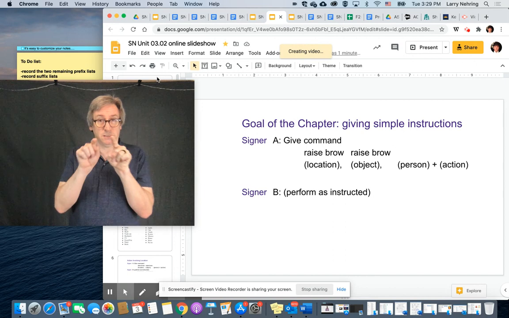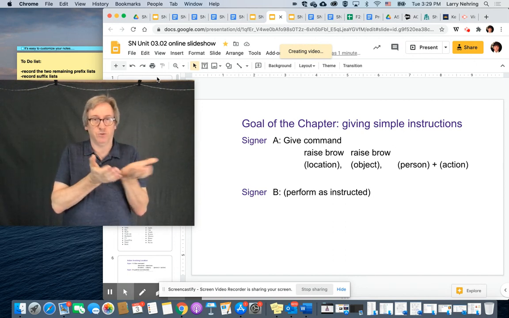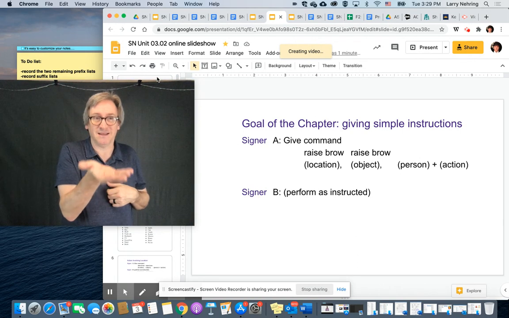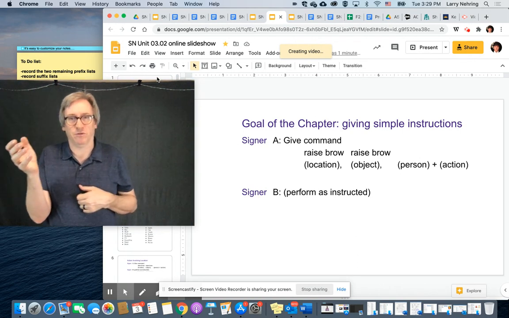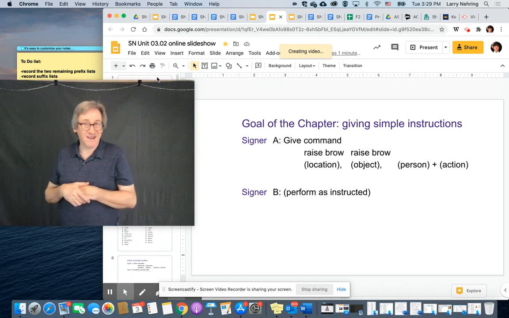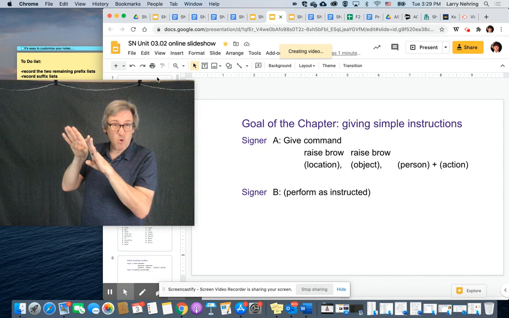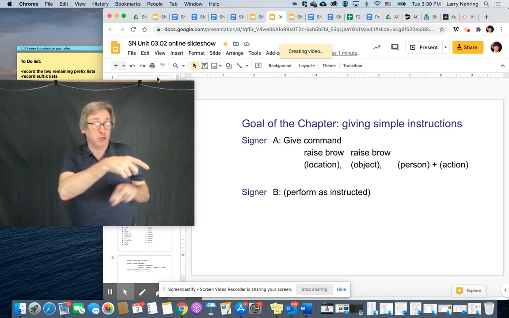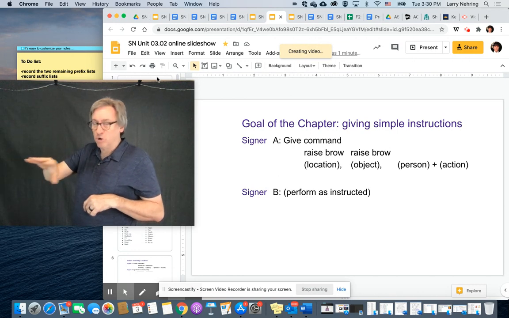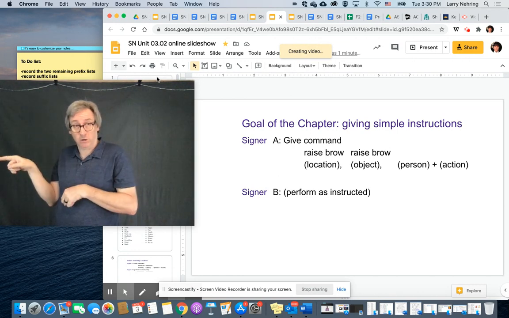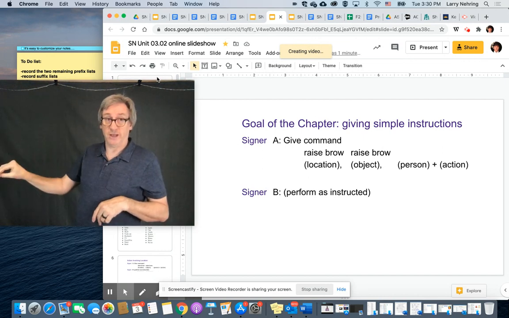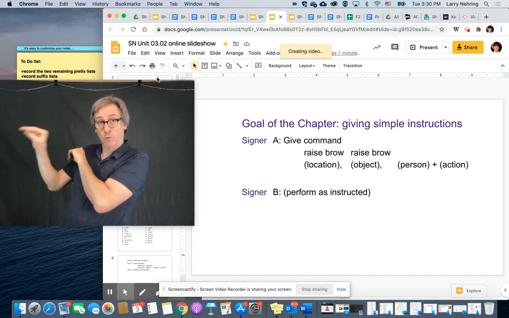What we'll do, and you can see in this slide, is give the location that we're talking about, the object that we're talking about, and whoever it is, what we want them to do. So if I said the door over here, the chair there, could you move it to there, beside the door, right?